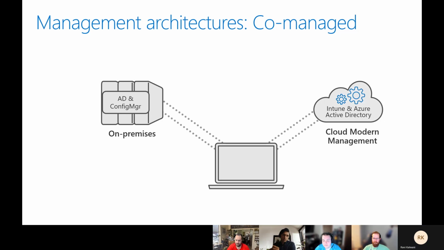Now, this slide that I'm presenting says the device has to be AD joined and Azure Active Directory joined. That is correct for your existing devices, which are currently domain joined. Yes, you have to have the devices hybrid Azure AD joined to go into a co-managed state. But if there are new devices, you can just have them Azure AD joined and still be co-managed.